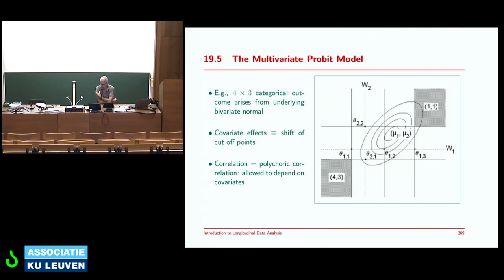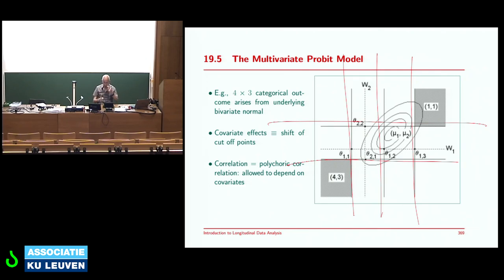So 2 variables, one with 4 categories, well, then you actually tri- or quadrichotomize into 4 categories, in one direction and in the other direction too. So you get a 3 by 4 grid, and the probability mass in each one of those rectangles, some of which are open, infinitely large, that mass is the corresponding probability.